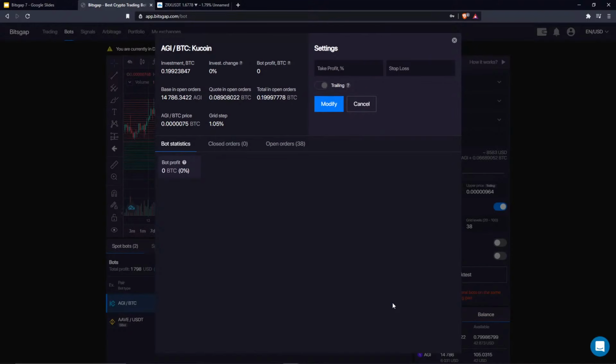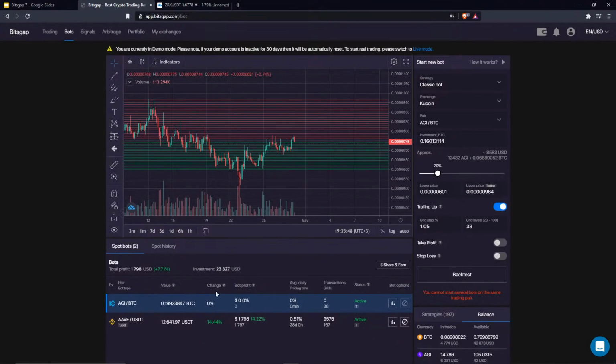You click here, and you can set the stop loss and the take profit. The take profit is set in percentage, so as soon as your change reaches a certain threshold, let's say 20%, you set it in take profit.